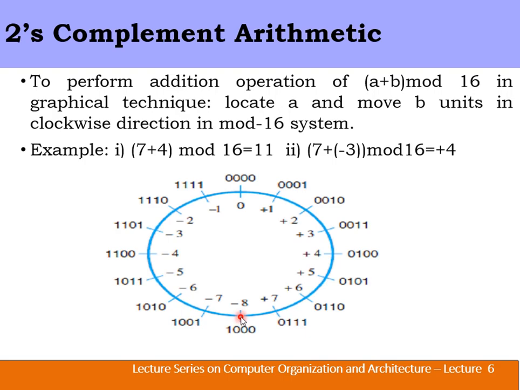So next is 1 2 3 4 5 6 7 8 9 10 11 12 13. So now 7 plus of minus 3 mod 16 means we are going to get the result as plus 4. So this is how to perform arithmetic operation by using a graphical method.